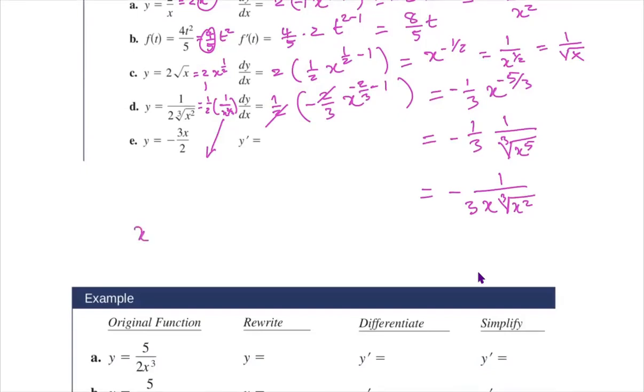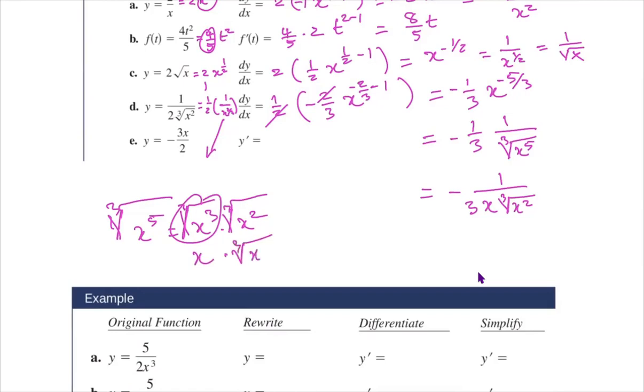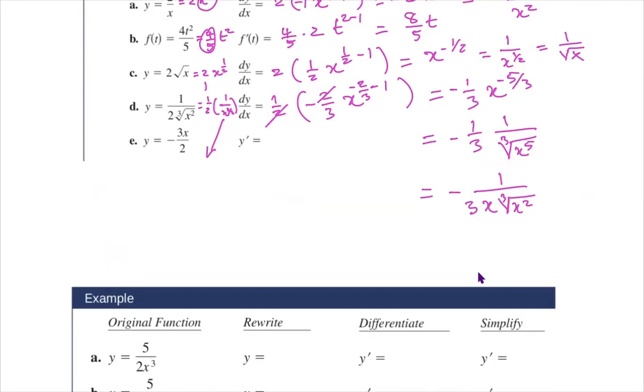Because x to the 5th equals x cubed times x squared, and if I take the cube root of this, that's the cube root of x cubed times the cube root of x squared. The cube root of x cubed is x, and then times the cube root of x squared. So that's what gives me this answer. This is y prime.